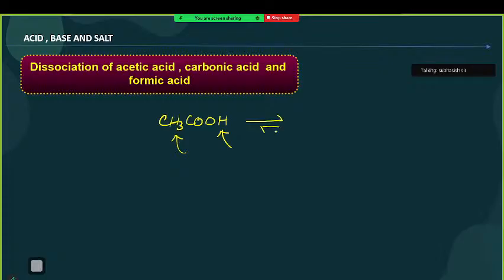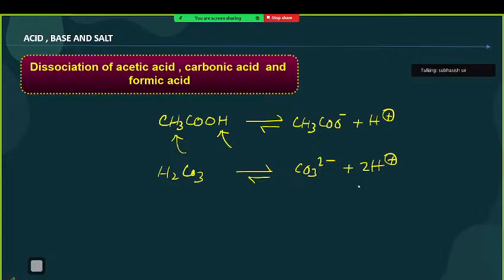So when acetic acid dissociates, it produces acetate and H plus. Again, carbonic acid, this is H2CO3. When it dissociates, it produces CO3 2 minus and 2H plus.